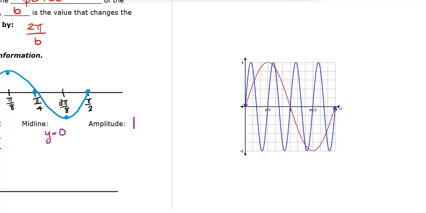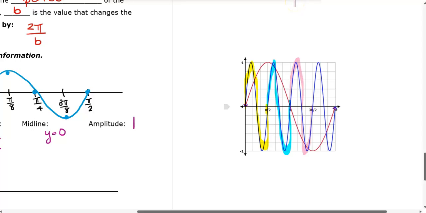But you can see that now I've got 0 to pi over 2 before it repeats again. And then it's going to take another pi over 2 to repeat, and then another pi over 2 and repeat, and then another pi over 2 before it repeats.